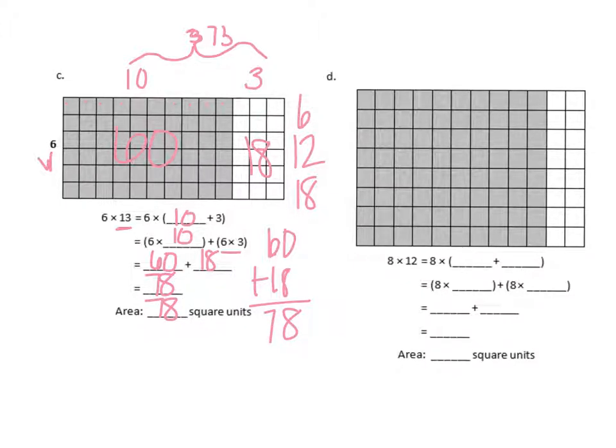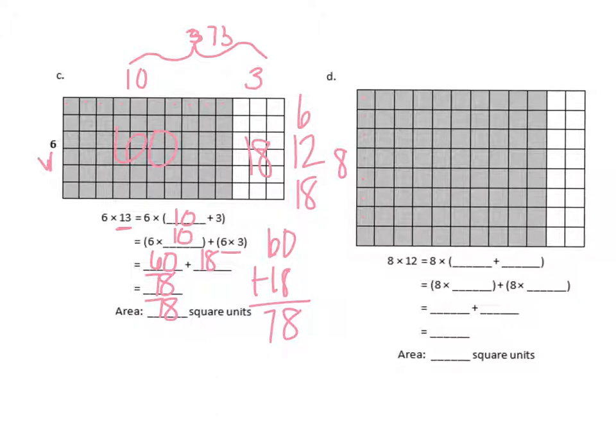Now let's take a look at letter D. I notice that I don't have anything on the sides of my rectangle. So let's take a look at the shaded part. Count the squares of the shaded part to figure out the width. 1, 2, 3, 4, 5, 6, 7, 8. There's 8 that represents the width.